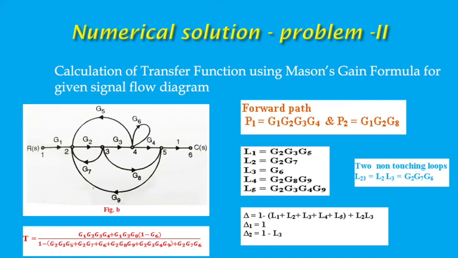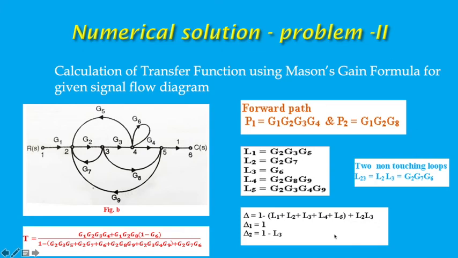Next, plus sum of all possible gain product of two non-touching loops. Here L2 and L3. These two are non-touching loops. There is no common node, branch and path. So L2 into L3 is G2, G7, G6. So plus L2 into L3.